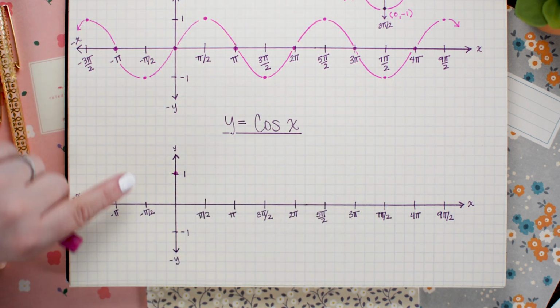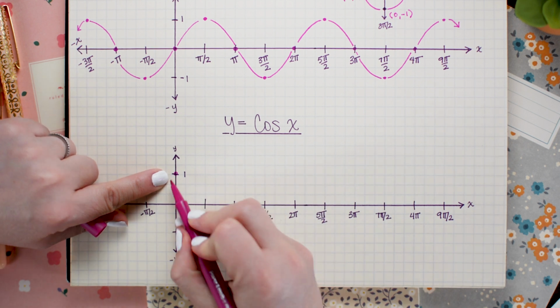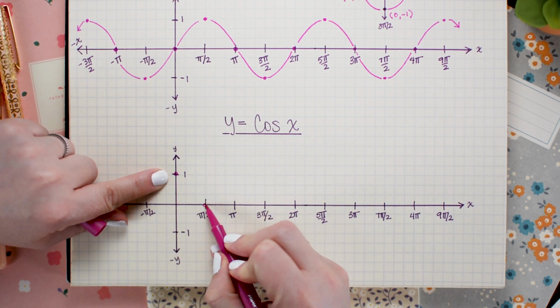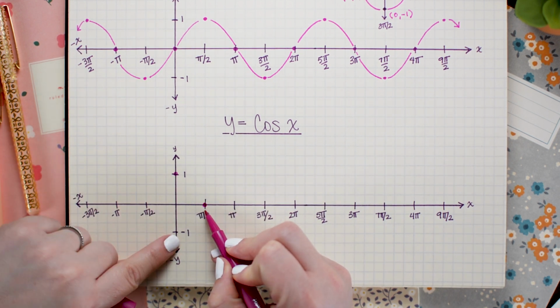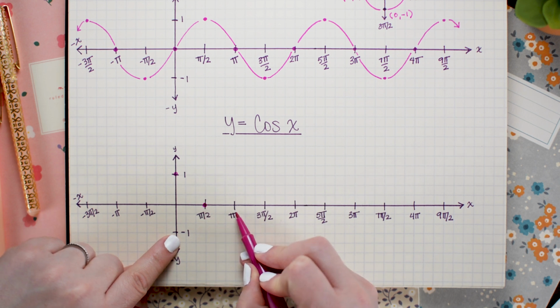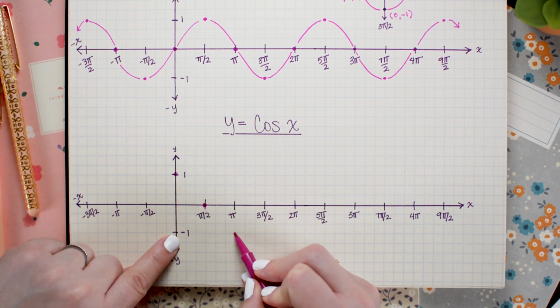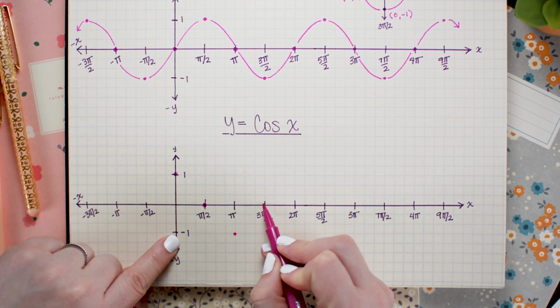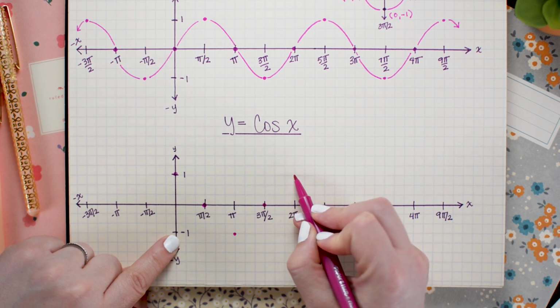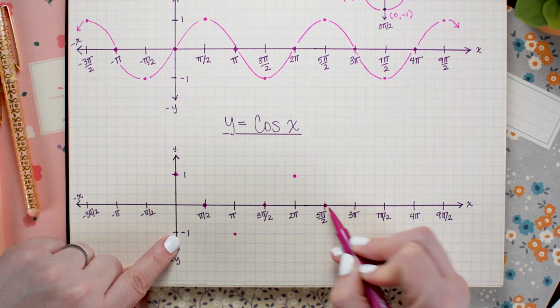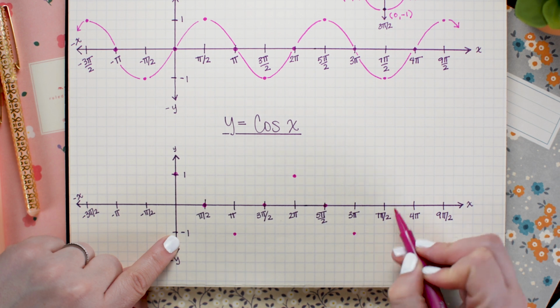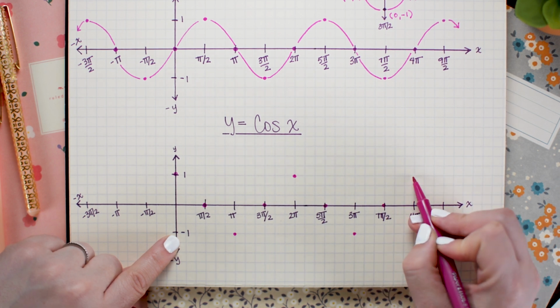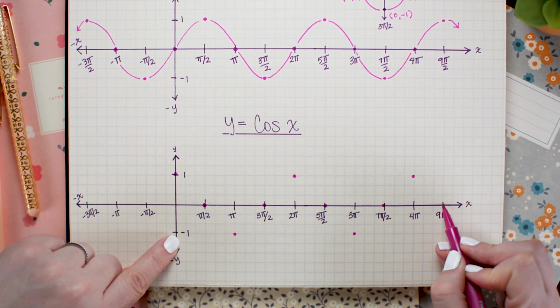So from positive 1, at pi over 2, it will be 0. And then at pi, it'll sink down to negative 1. And then back up to 0, up to positive 1, 0, negative 1, 0, positive 1, 0.